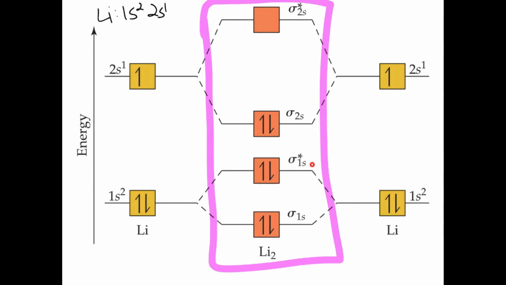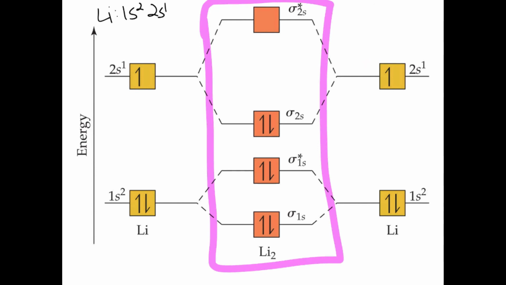The bringing together of my 1s orbitals creates a favorable sigma 1s bonding orbital, and it creates an unfavorable sigma star 1s antibonding orbital. Likewise, the same thing happens with my 2s atomic orbitals.